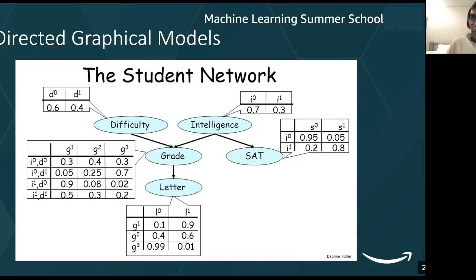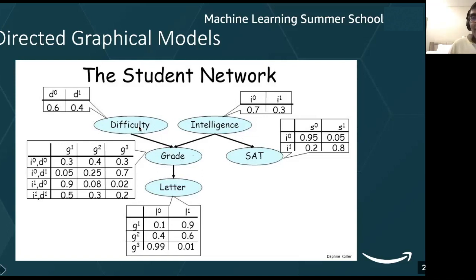The table next to these nodes encodes the probability or the conditional probability distributions of those node features. So here, if you look at difficulty, you have 2 levels of difficulty, D0 and D1, and the numbers there, 0.6 and 0.4, correspond to the probabilities associated with those difficulty levels.